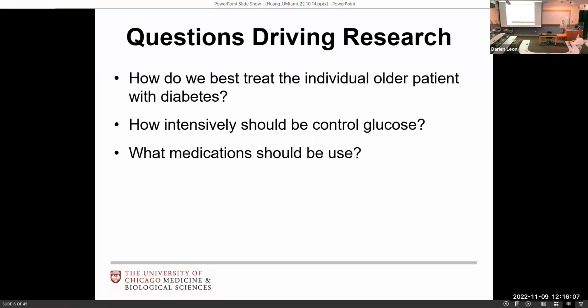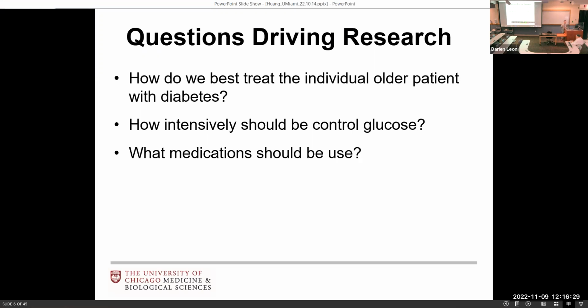Okay, so I was just retelling you about the three central questions behind our research. How do we treat the individual older patient with diabetes? This is really a question of how you translate evidence generated from clinical trials, and take that data and translate it into the actual care plan for an individual.